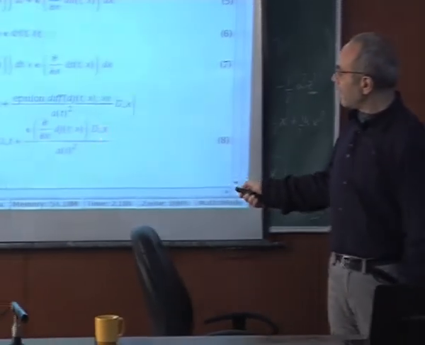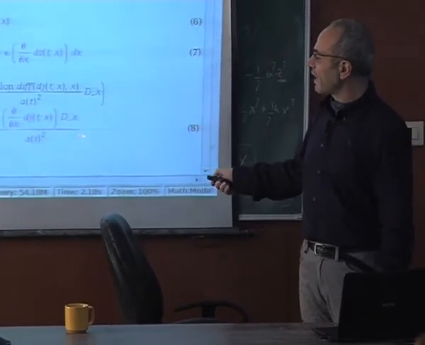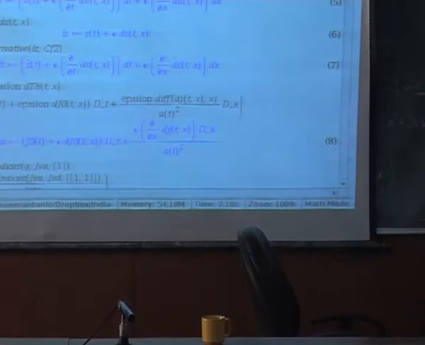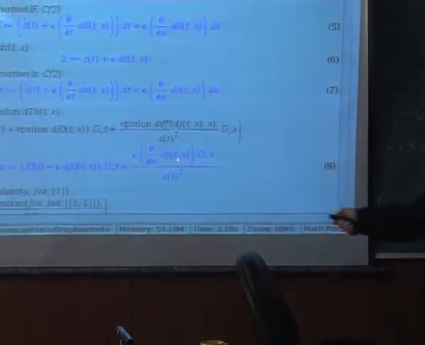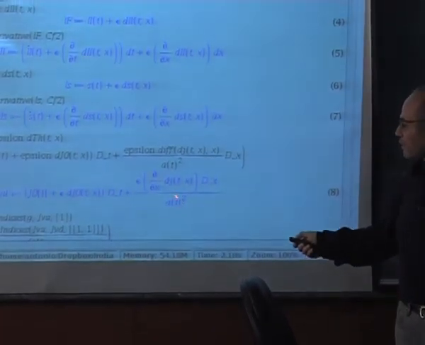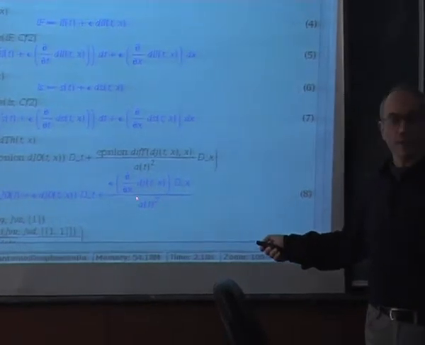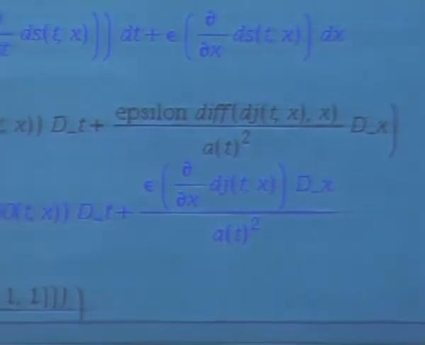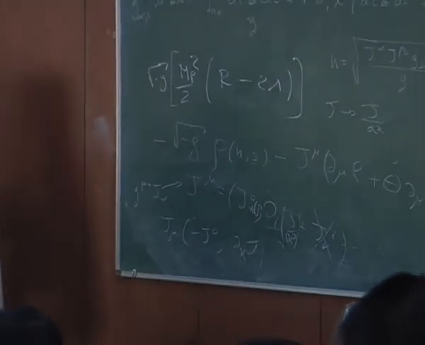And then I multiply by this object here because this must be a vector. So this is the basis of the vector, actually. Notice this a squared is just a function of time, so you can put it inside the derivative of x. So this still means that that part is the gradient of a scalar.